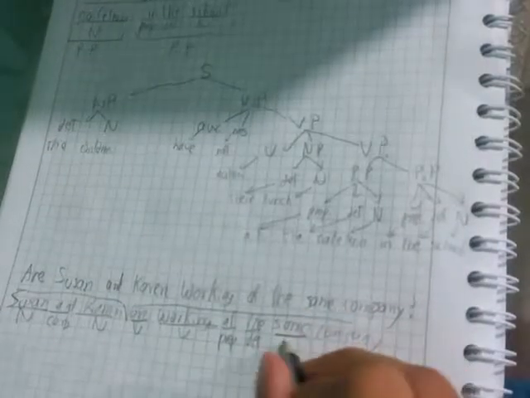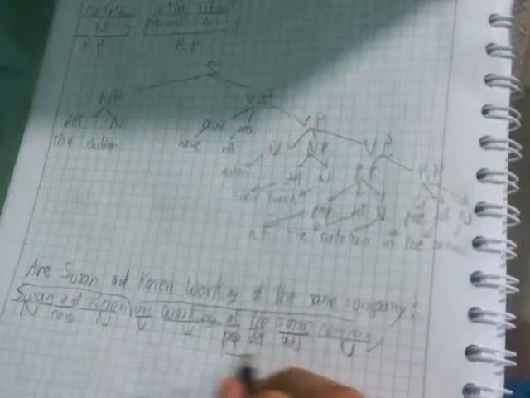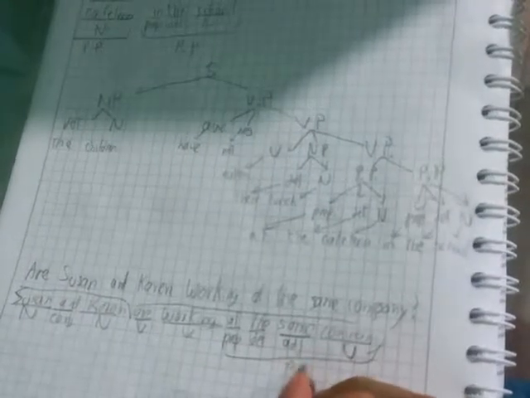Okay, yes, this would be an adjective in this case because we are talking about the company. Okay, we've got here a prepositional phrase. Let me fix the camera a little bit so you can see.